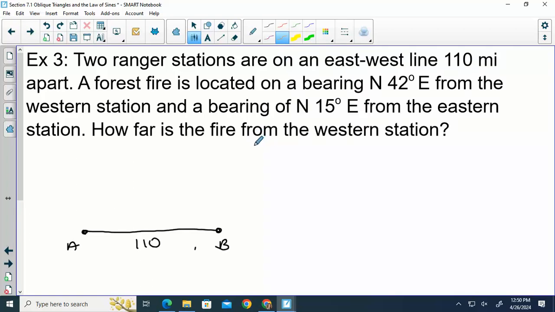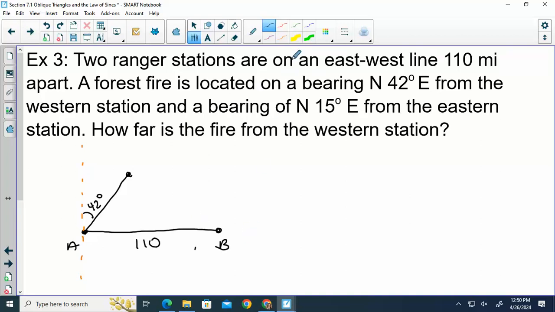If I'm going to do bearing, what do we have to have? North, south. So we have to go north, east, and this is 42 degrees. Remember, the angle is measured from that north-south line.